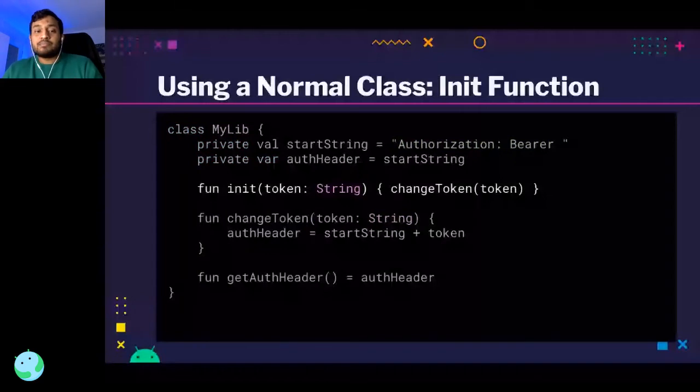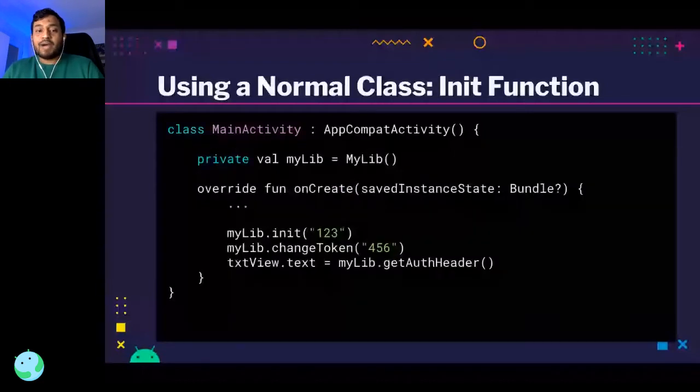Now, this is because it's a simple function. When I am about to use this, it gets onto the user of this library code to call this init function. So mylib.init needs to be explicitly called after it has been initialized. I created mylib, calling the constructor and creating an instance.